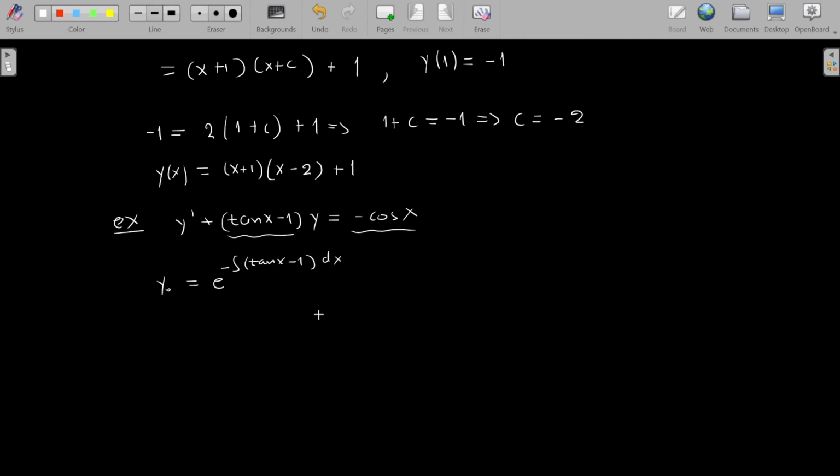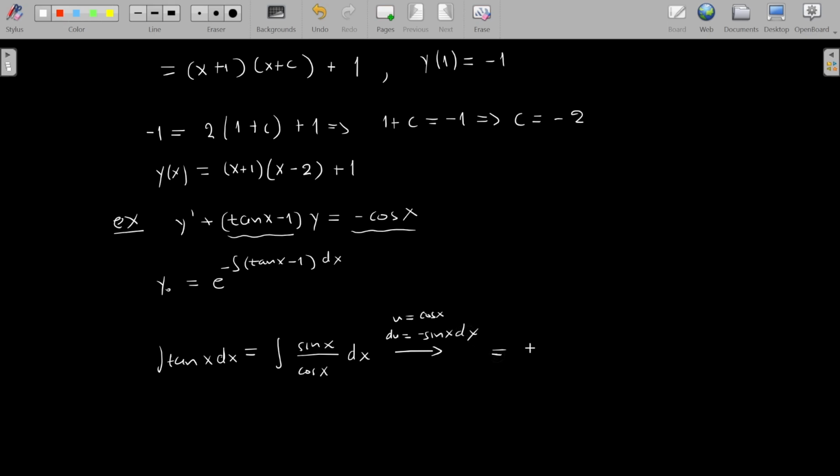And to find this integral, the tangent of x dx is written as sine of x over cos of x dx. Now we can make a transformation of this kind and change a variable, and u is equal to cosine of x, then du is going to be minus sine of x dx.